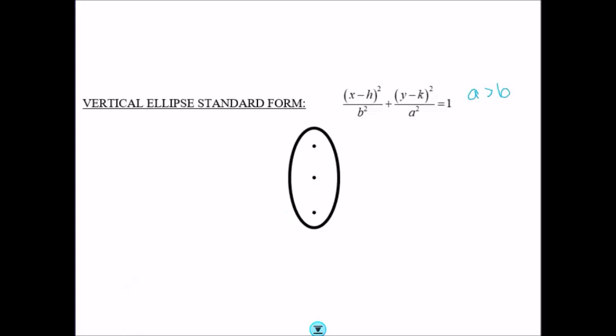We still have that the vertices, which are now at the top and bottom of the ellipse, are still a units from the center. The co-vertices, which are now on the left and right sides of the ellipse, are still b units from the center. Foci are still c units from the center. And c is still the square root of a squared minus b squared.